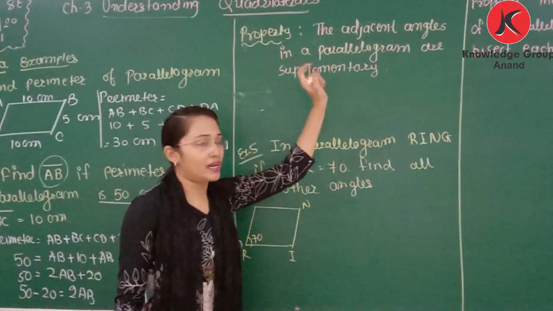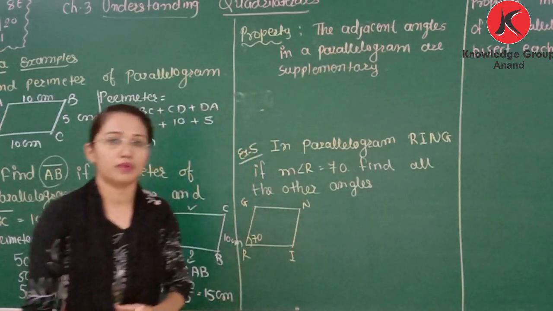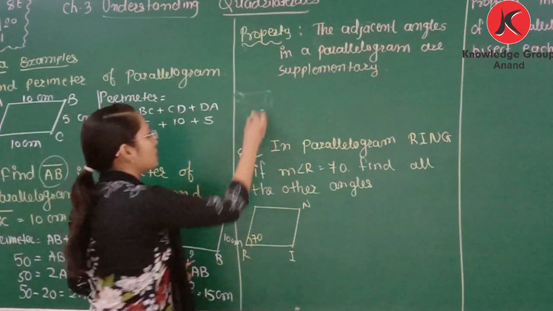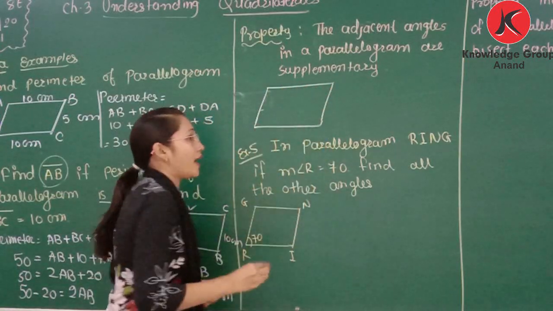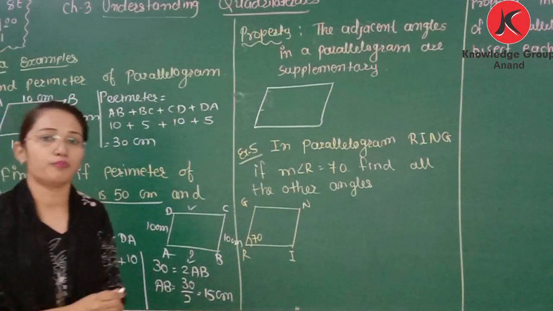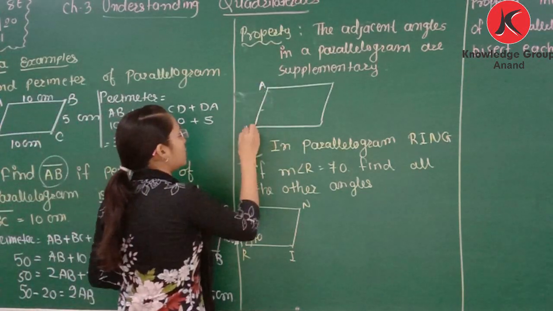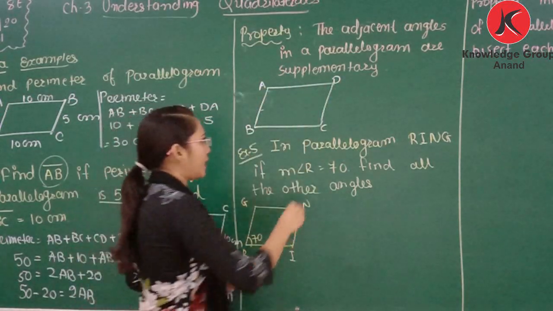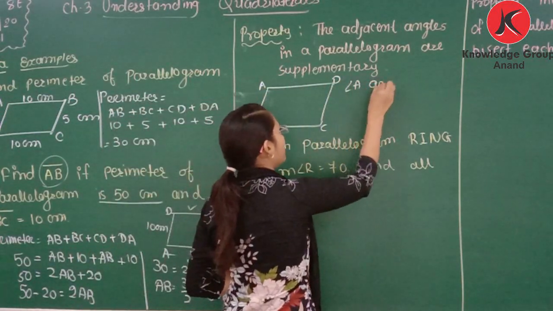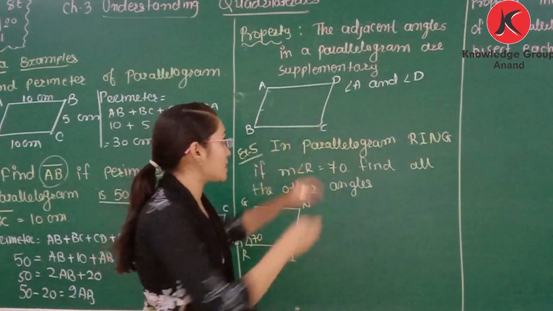Next property of a parallelogram: the adjacent angles in a parallelogram are supplementary. Now what is adjacent? It is like consecutive. If we consider parallelogram ABCD, then angle A and angle D are adjacent and they are supplementary.